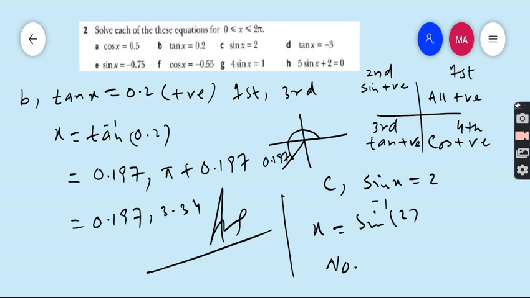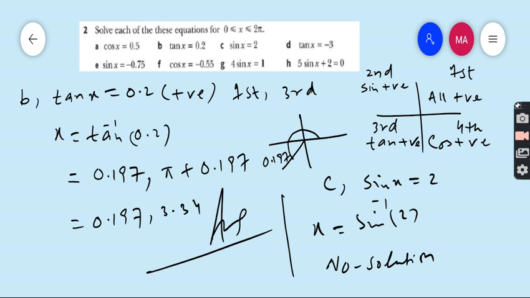Obviously this has no solution, because we have already learned in exercises 9.4 and 9.5 that the amplitude of sine x is 1, so the maximum value of sine x is 1 and the minimum value is minus 1.